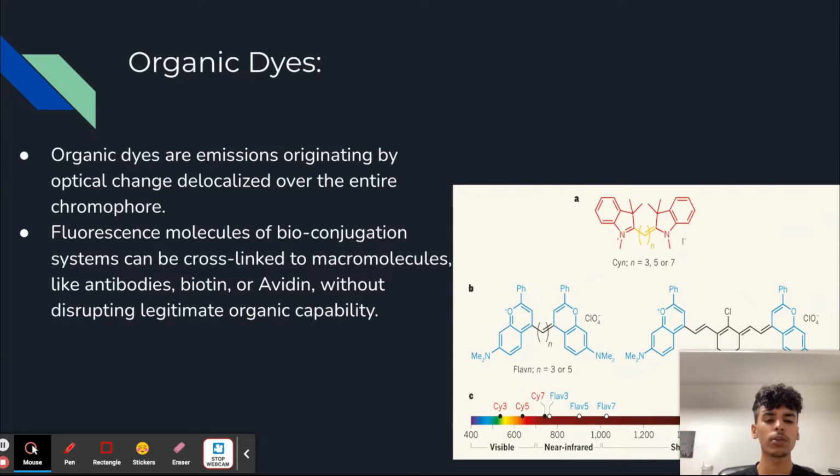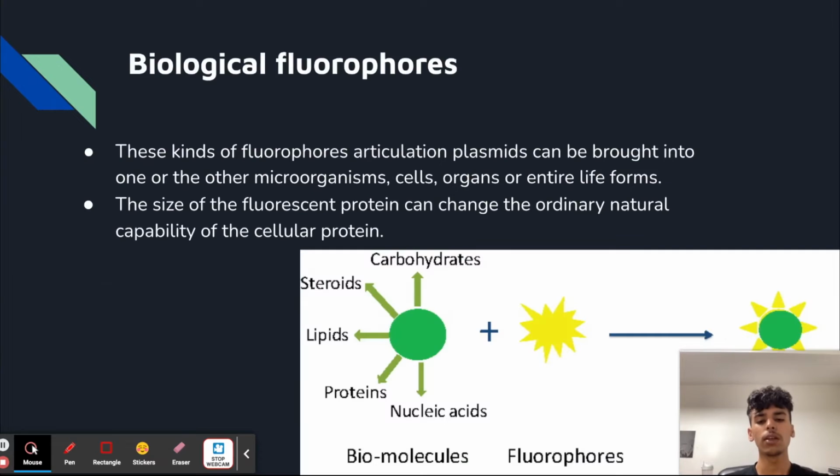A wide assortment of dyes with trademark excitation and emission spectra, quantum yields and fluorescence excitation coefficients are commercially available.